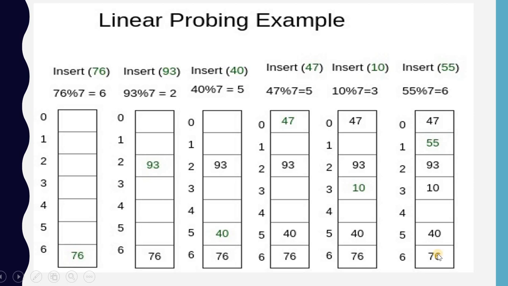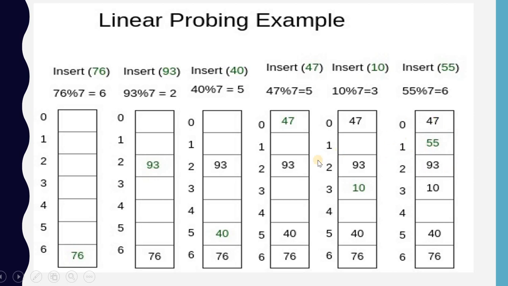So this is a collision, and whenever there is a collision, you have to search for the empty slot. You are at location 6. 6 plus 1 is 7, and 7 mod 7 is 0. 0 plus 1 is 1. Now 1 is the free slot, so you can add 55 in the empty location.